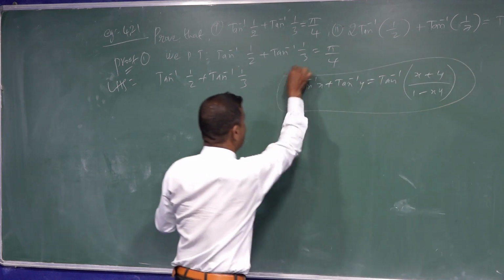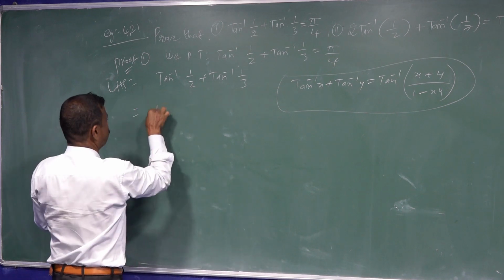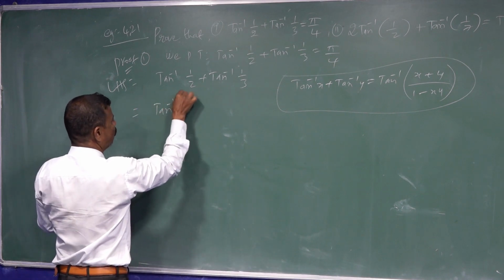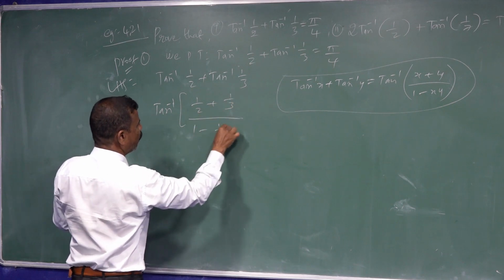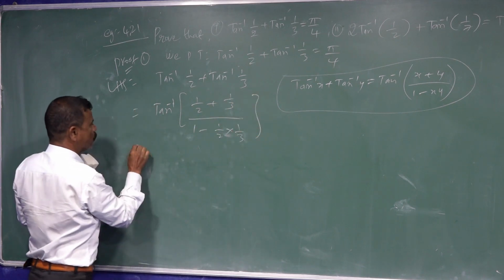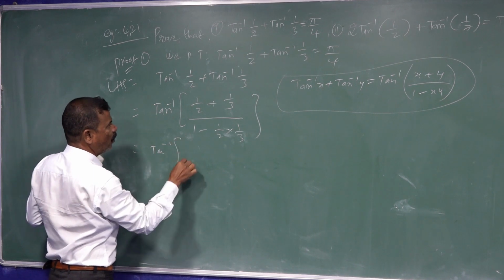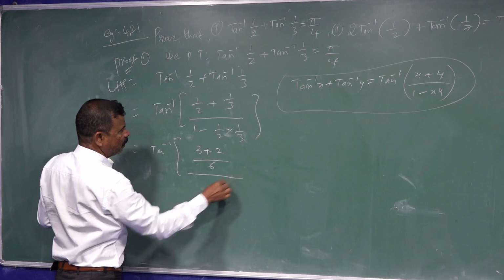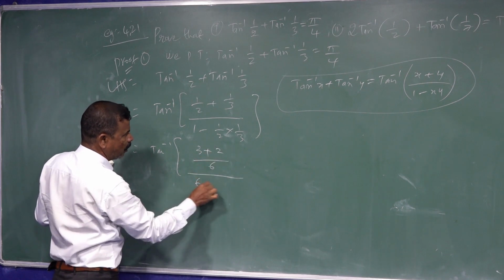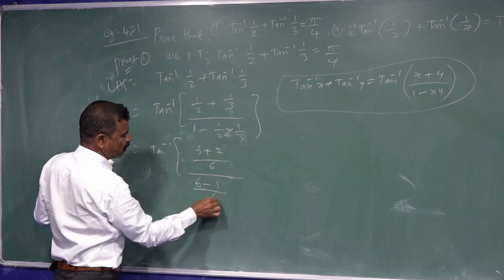According to this formula, x is 1 by 2 and y is 1 by 3, so tan inverse of (1 by 2 plus 1 by 3) by (1 minus 1 by 2 into 1 by 3). So this is tan inverse of (3 plus 2) by 6, with LCM 6, divided by (6 minus 1) by 6.